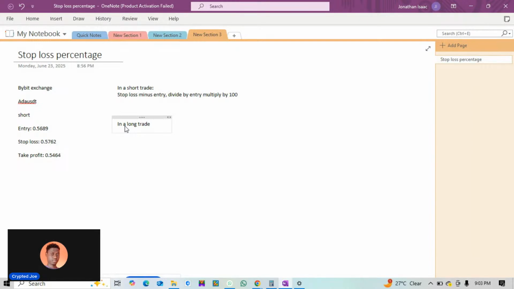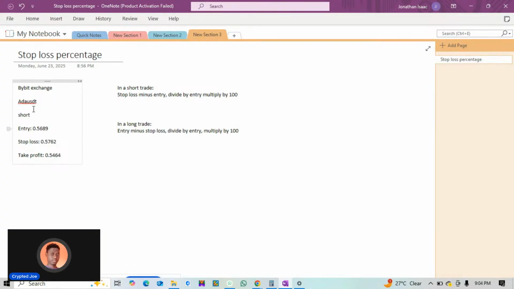So in a long trade, you basically do entry minus stop loss, then you press the equal to, divide by entry, press your equal to, then you multiply by 100. So you can do this now.